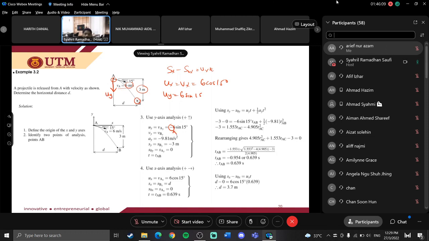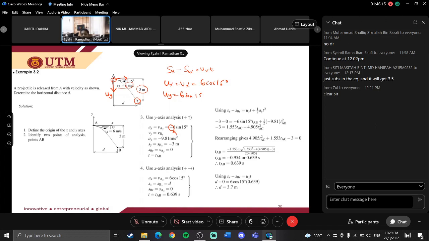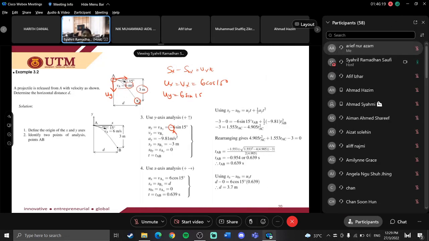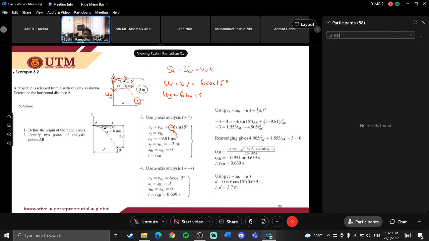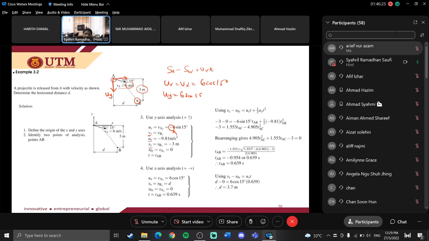Okay, so please remember to follow the positive direction: x-axis to the right, y-axis upward. So this is the positive direction. You notice here Vy is 0, Ay is constant, and Sy is negative 3. Why?